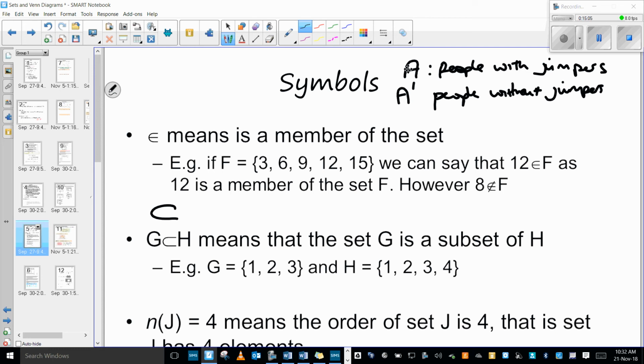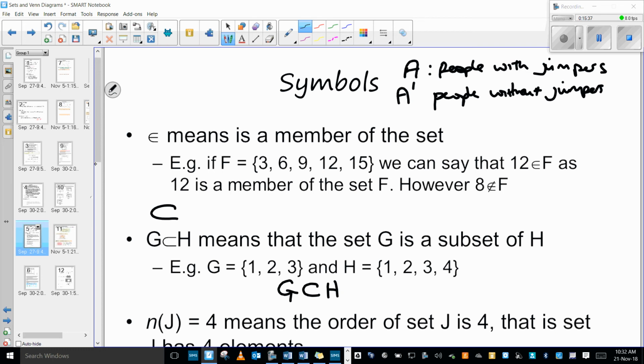If G was the set 1, 2, 3, and H is the set 1, 2, 3, 4, then G is a subset of H, because G is completely inside H. You could not say that H is a subset of G, because you've got more elements in H than in G. If something's not a subset, you just put a line through it.